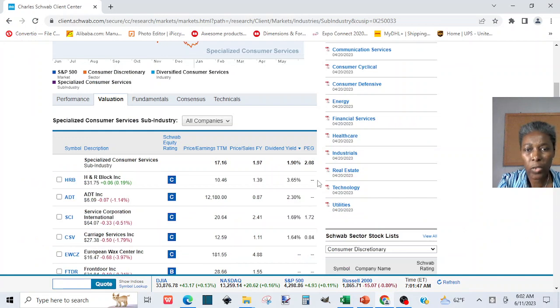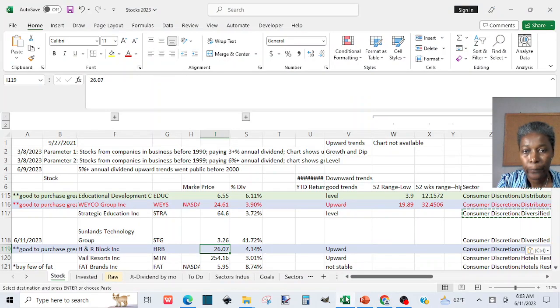You don't have to keep making changes, or if you make one, it will be the dividend yield, but not necessarily the price, because the price is going to change. It changes quite often, even daily. And this is not the price. The price is underneath the company's name. It is $31.75 now, and the dividend yield is 3.65%.